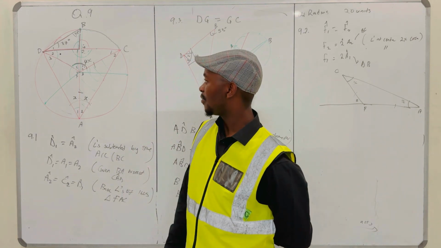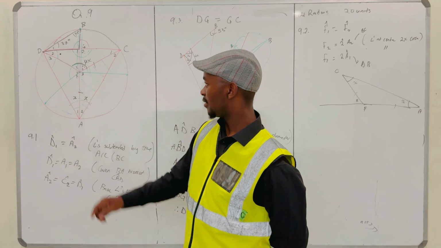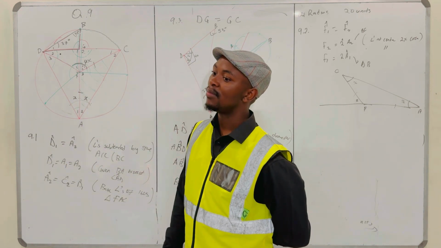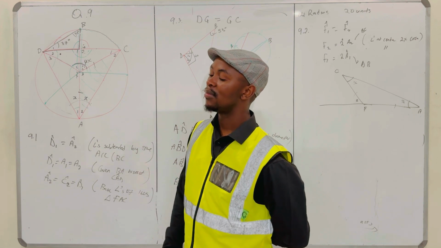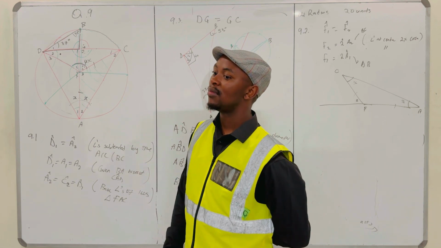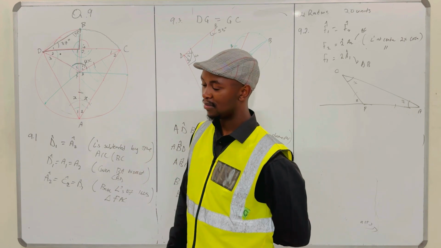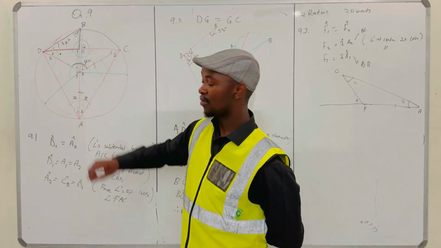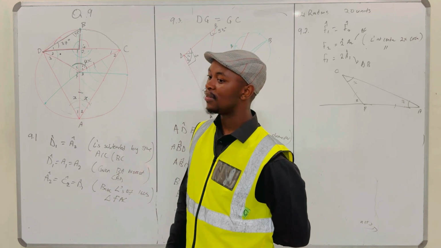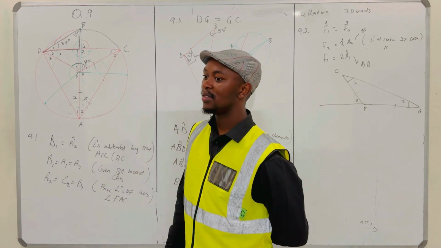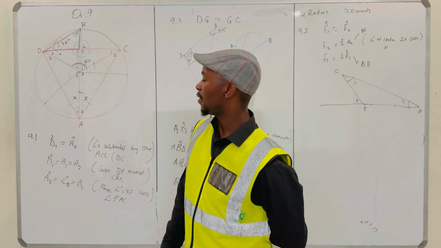And then FG and FC are radii of this circle. Therefore, these two triangles are congruent, which is they are identical by side, angle, side. Therefore, if they are identical, DG and GC are equal because they are corresponding sides of congruent triangles.